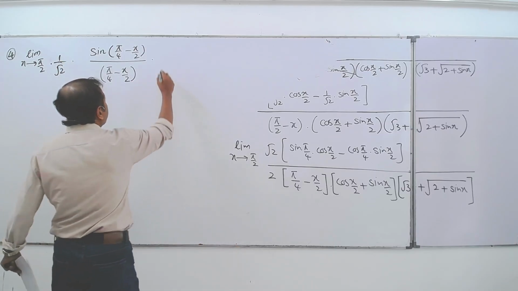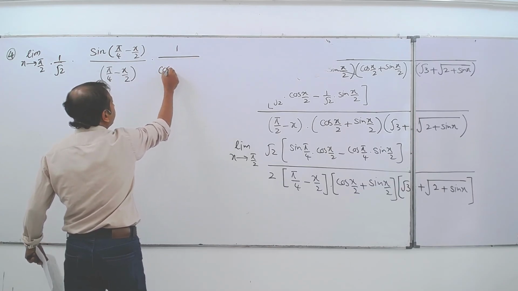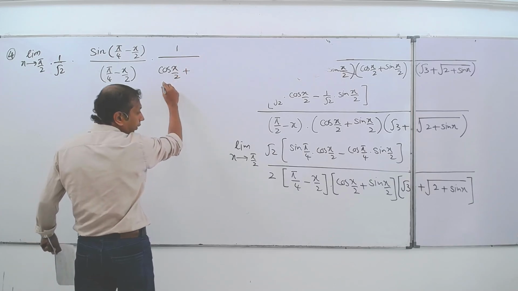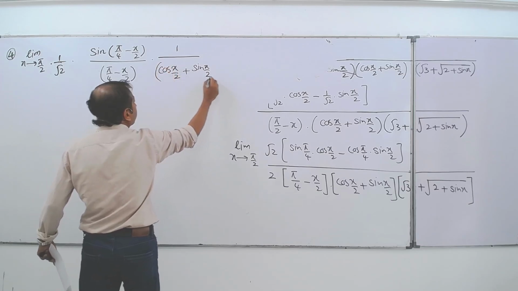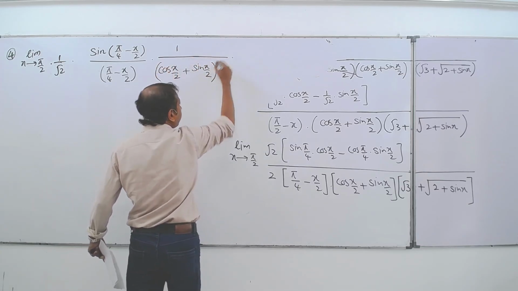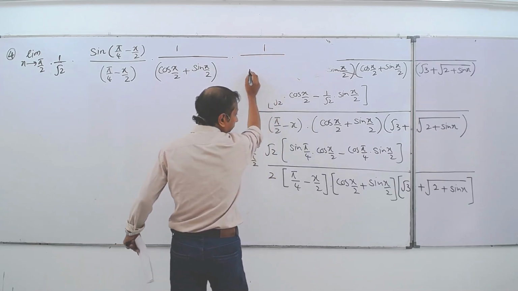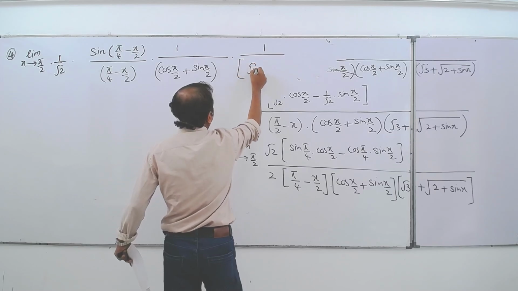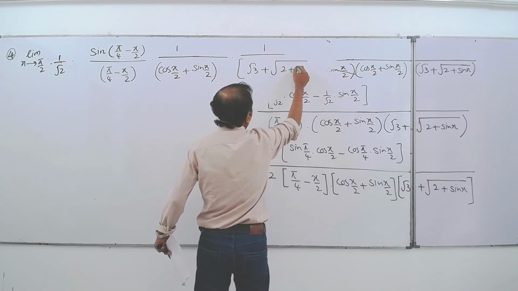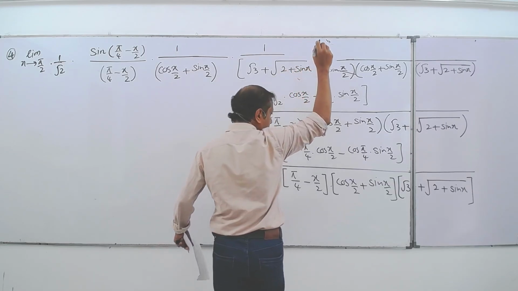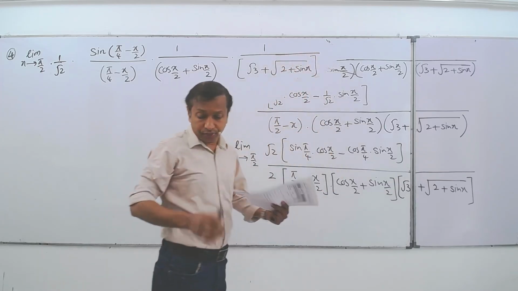Then we get 1 upon cos x by 2 plus sin x by 2, right? And 1 over root 3 plus root 2 plus sin x. We have this.